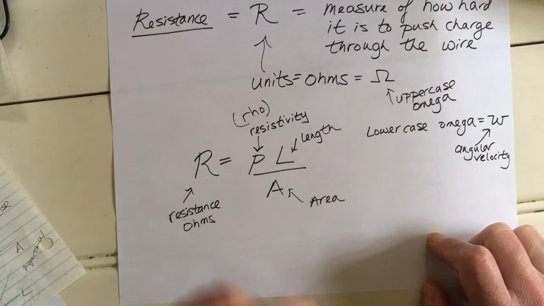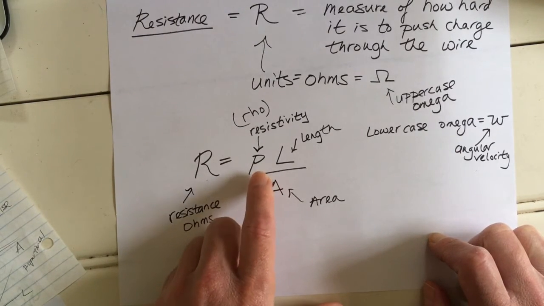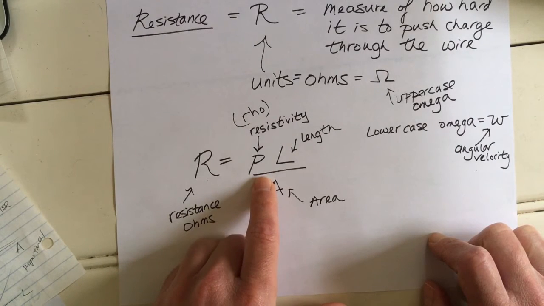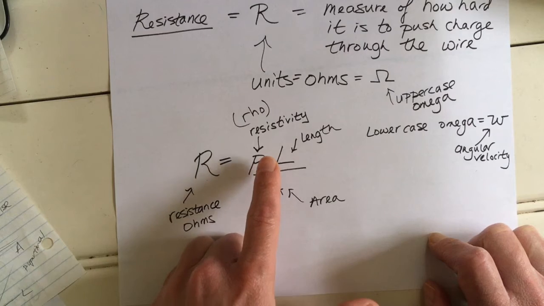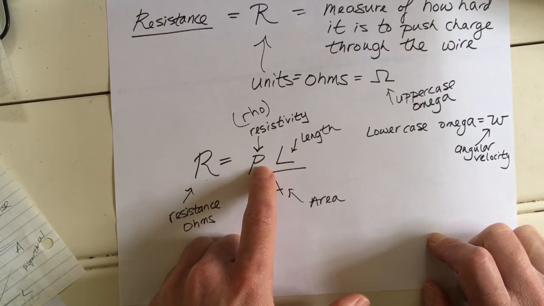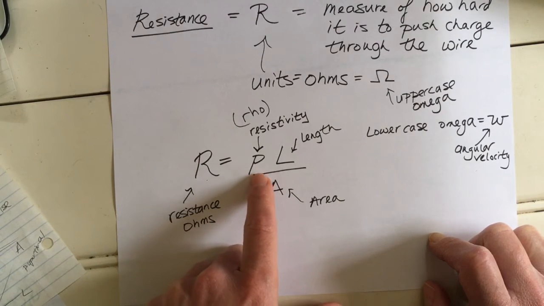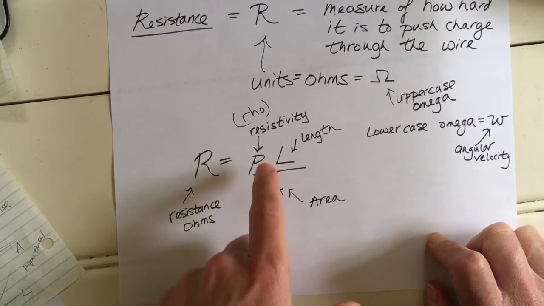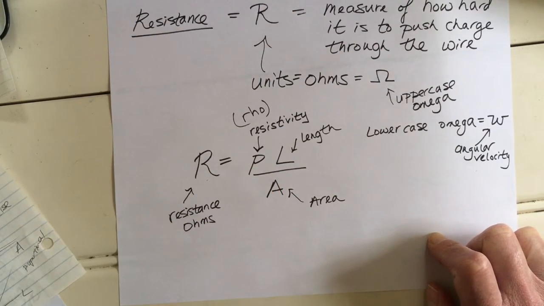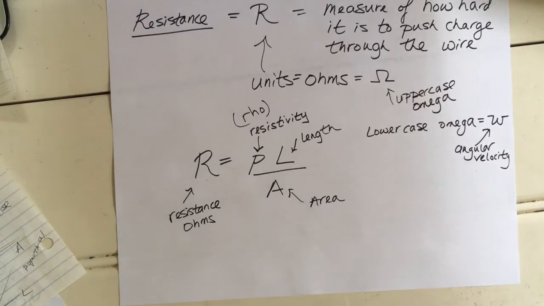It is a constant based on the material. So whatever material you grab is going to have a resistivity constant that is either going to be small if it's a good conductor, or large if it's a poor conductor, right? So we would expect copper to have a very small resistivity constant.